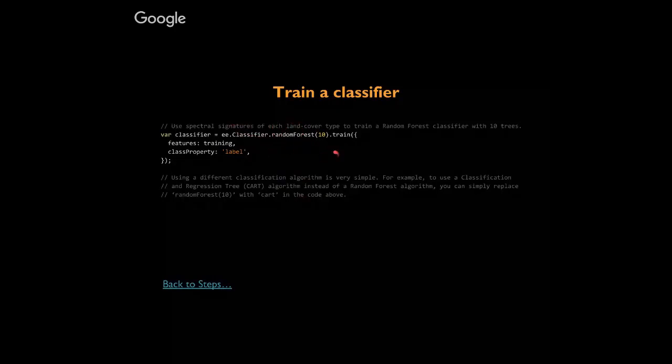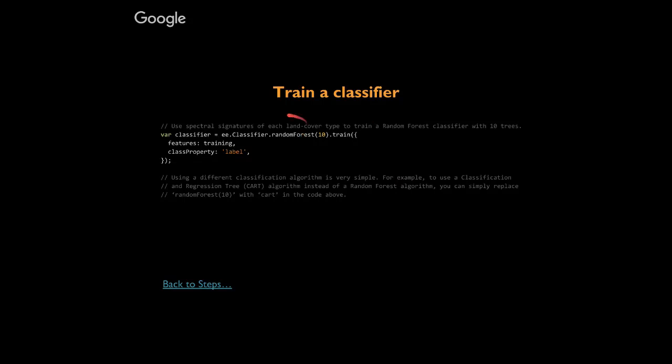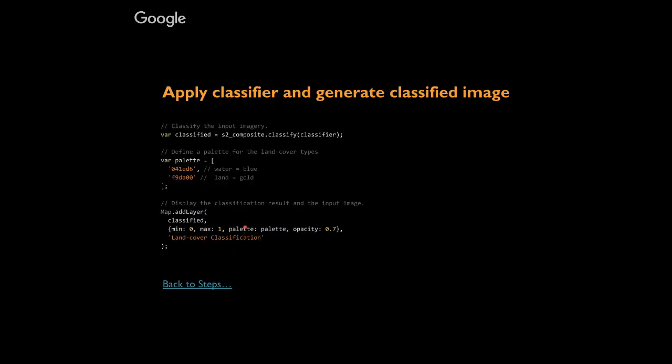And the way the classifier works is quite simple. You can actually replace the random forest classifier with, say, a CART, a classification and regression tree classifier, or a support vector machine classifier. That's quite simple to do in Earth Engine, and that's exceedingly powerful. And then we apply the classifier and generate a classified image. We will see how to do that.